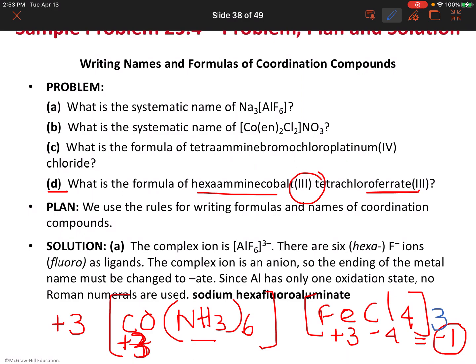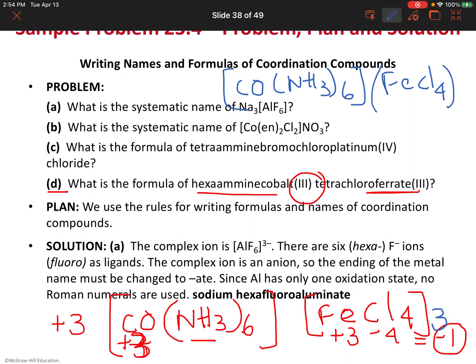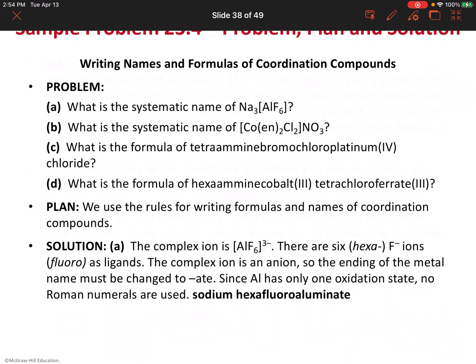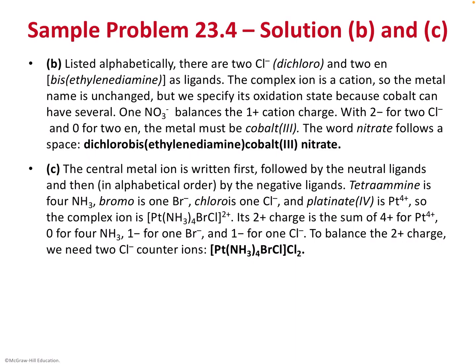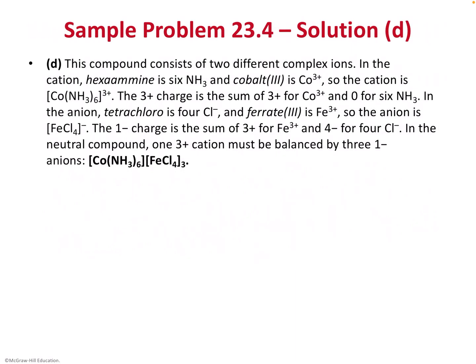So the complex would be therefore Co(NH3)6 and FeCl4 3. That would be the answer: Co(NH3)6 FeCl4 3. You can also see the explanation for what we just did over here in D.